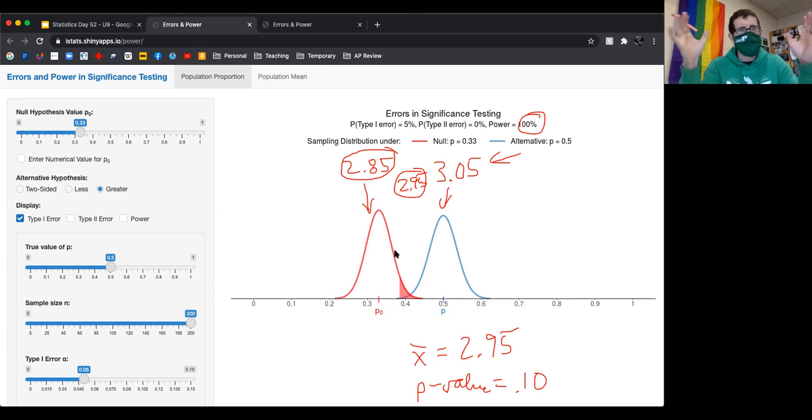We know that when we get a bigger sampling size, our sampling distributions get smaller and they get narrower. And so now look what happened to our power and our error. Now, if I get 200 gas stations, the probability of me getting 200 gas stations that are all low enough to give me an average of 285, it's incredibly small.